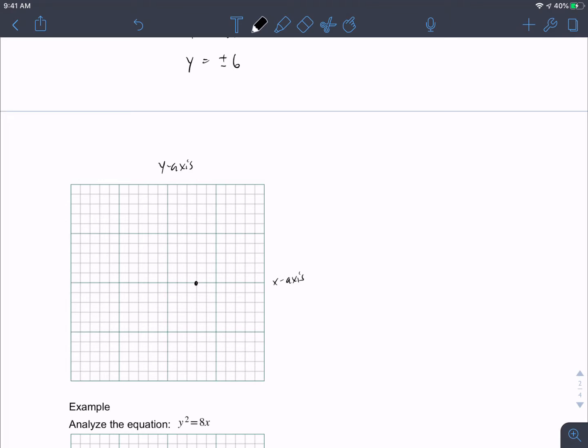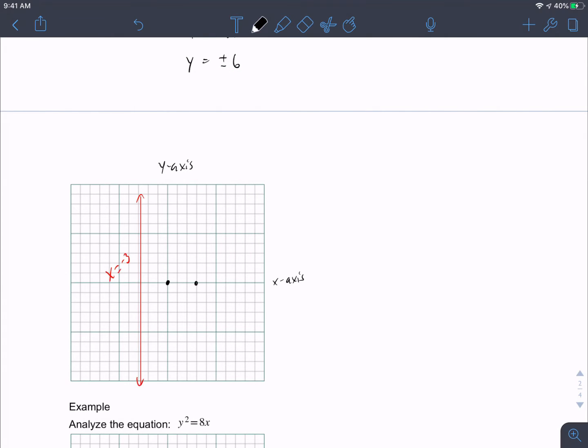We know that the origin is the vertex, and we know that the directrix, and I'll do it in a different color, is going to occur at negative 3, and it's just a straight line. Bear with me. Right there, and that's going to be at x equal to negative 3.